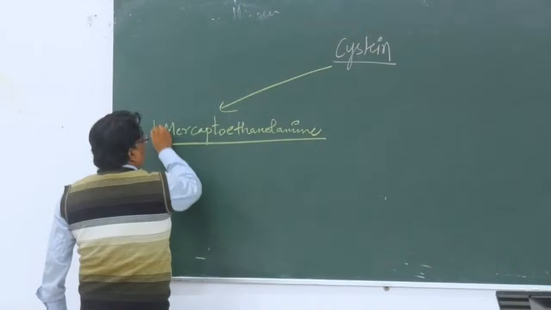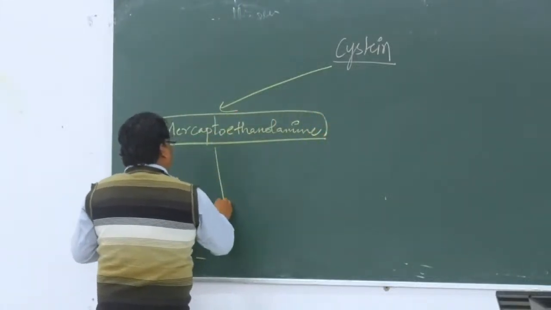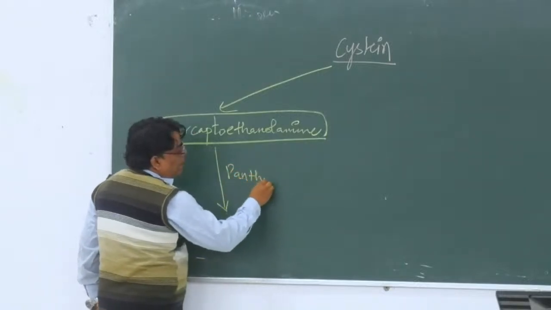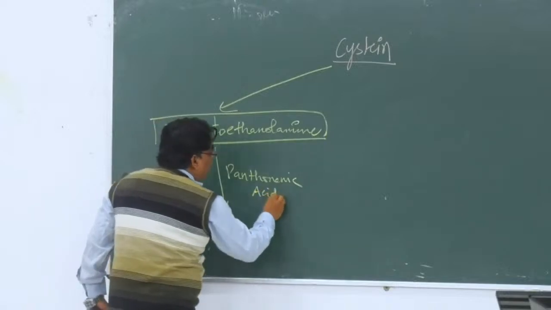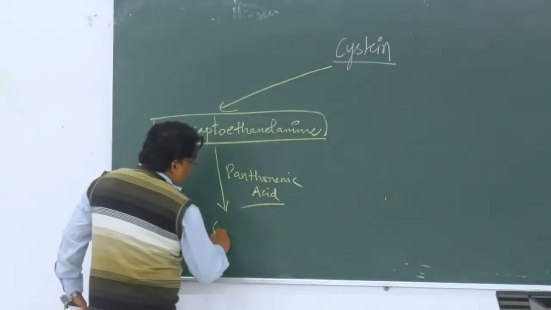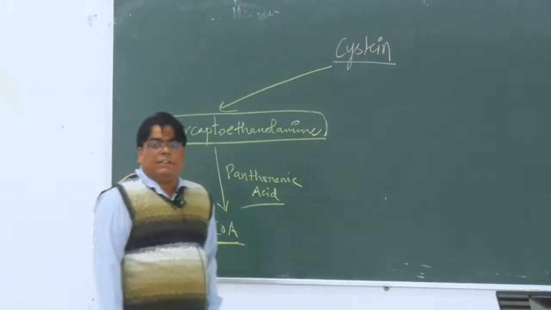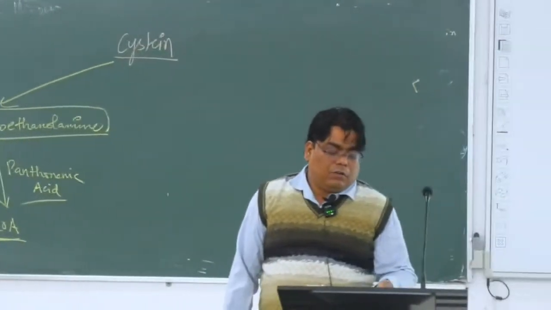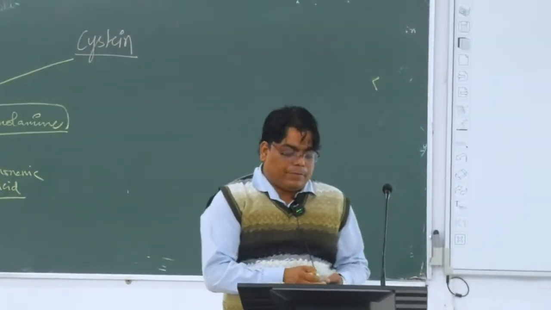And this mercaptoethanolamine, with the help of pantothenic acid, forms acetyl-CoA. This is the first utilization of these cysteine molecules.